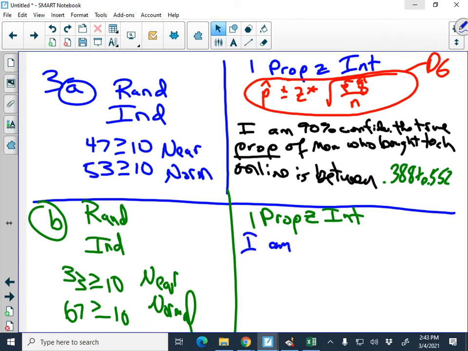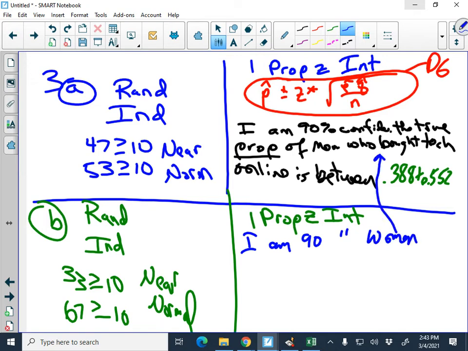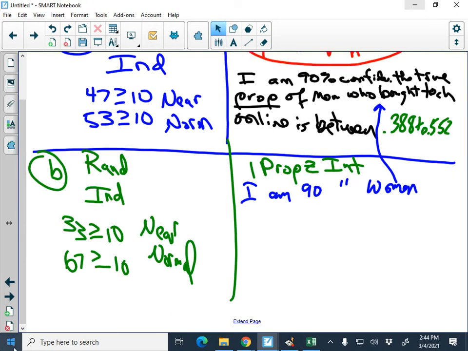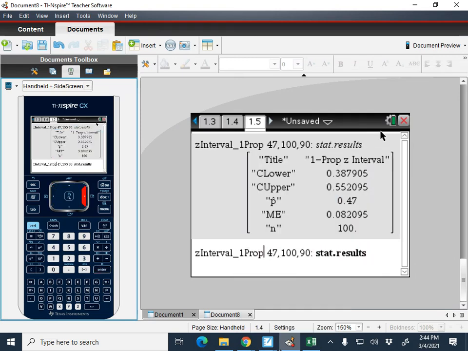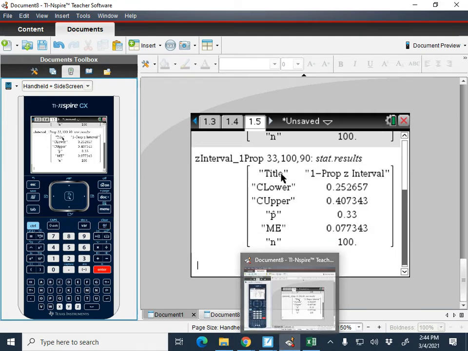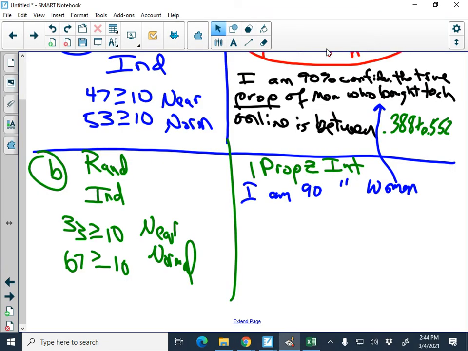I am 90% confident. Now, if somehow this is below the other one on a test question, you can ditto this out, ditto for the women from up here. The only thing that's different are going to be the numbers, right? Okay. So we got to put those numbers in. We got to do it 33. 0.253 to 0.407.